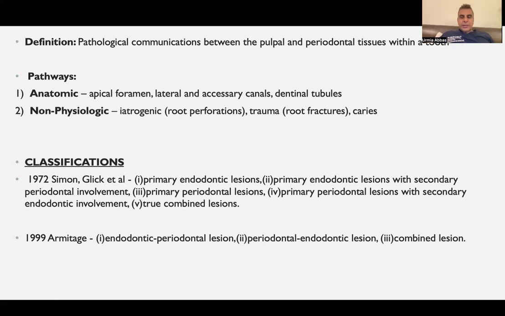In 1999, the next classification came from Armitage.